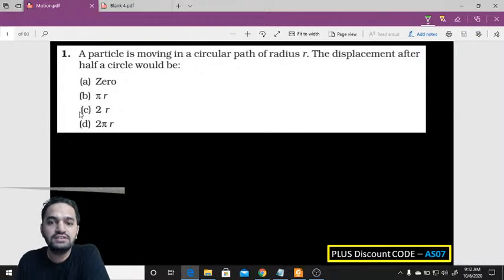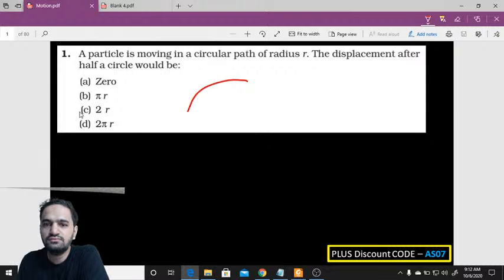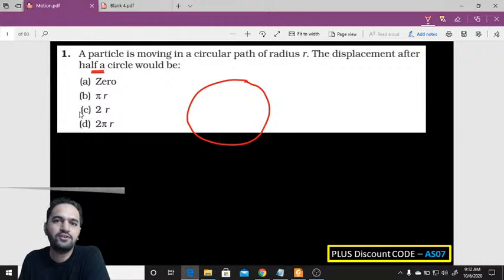The first question is, a particle is moving in a circular path of radius r, right? So we have basically a circle, and the particle is moving in the circular direction. The displacement of half the circle is what? They are asking what would be the displacement after half a circle is complete. So you have to assume some starting point.